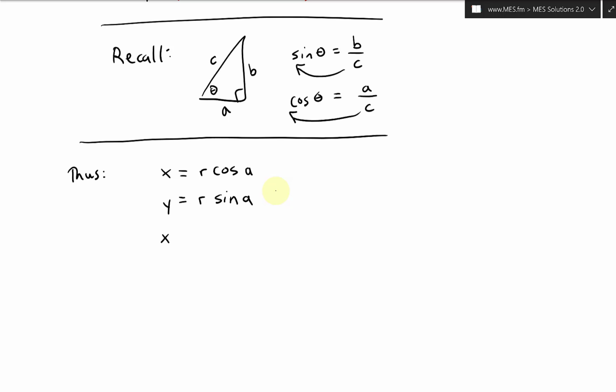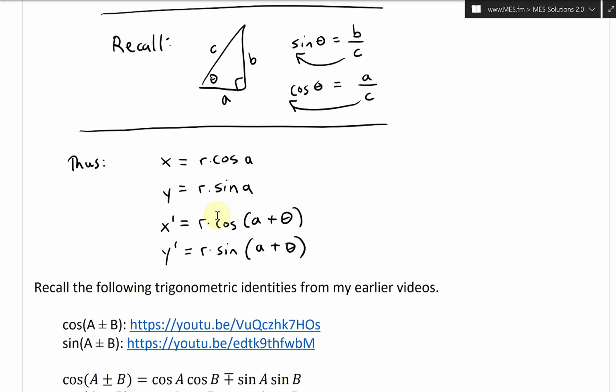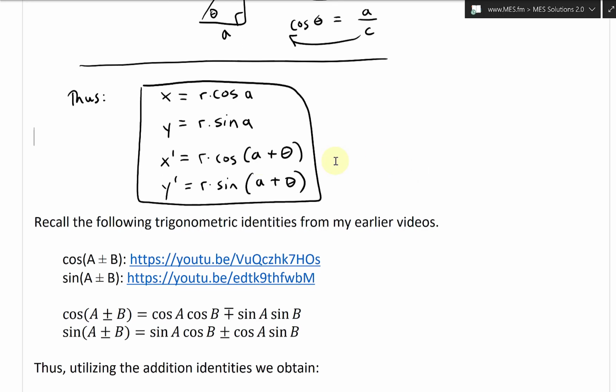So we have x prime equals r cosine a plus theta, and y prime is equal to r sine a plus theta. All right, now I'm just going to box this out to make it a nice, neat package.